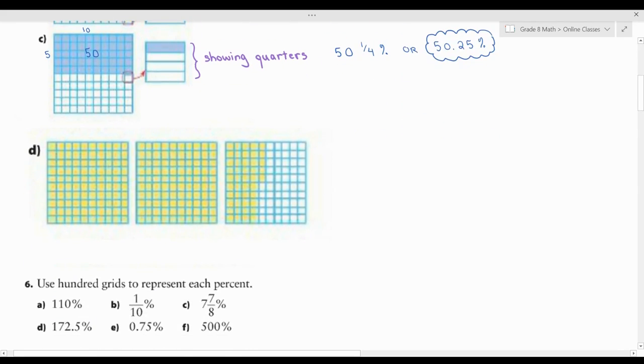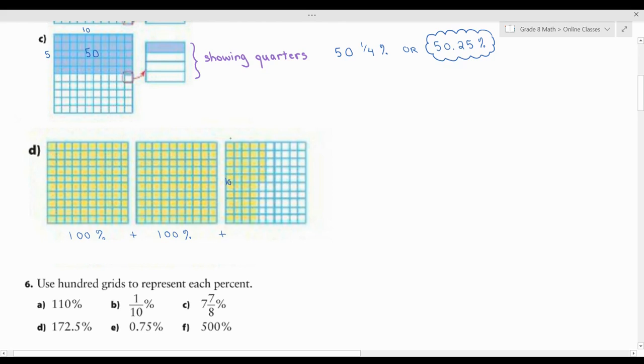All right, question D. This time there's actually multiple hundreds grids. This first one that's fully shaded in is representing 100%. So it means 100% of these squares are completely filled in. Then I have another one, so I'd go plus another 100%, and then I have a third grid. If I look this time, I have 1, 2, 3, 4, 5, 6, 7, 8, 9, 10.